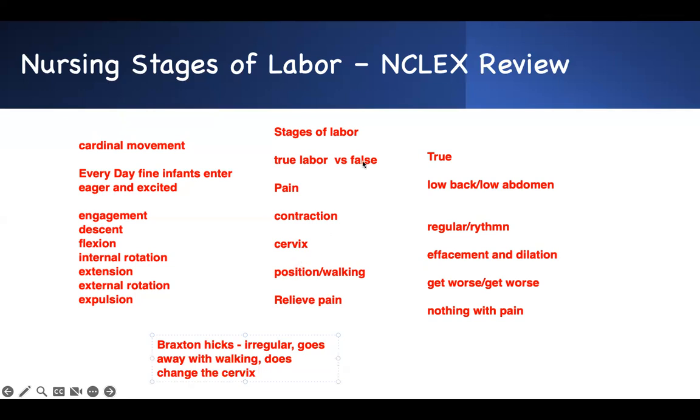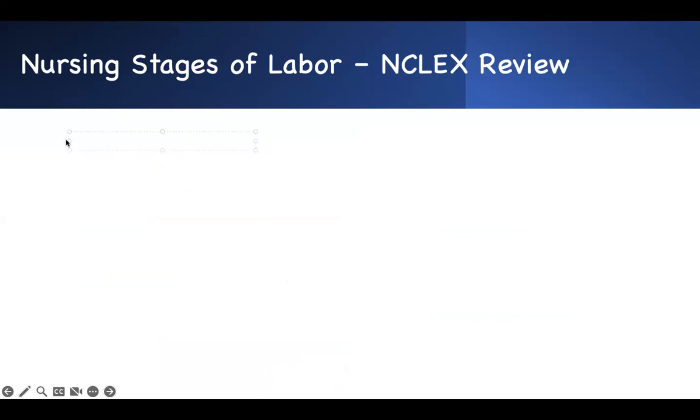Okay, so this is going 1, 2, 3. Now let's go to the stages. We have stage one. Stage one is divided into 3 phases. Okay, 3 phases. But what is stage one? Stage one is onset, to the time the cervix is 100% effaced and 10 centimeters dilated.